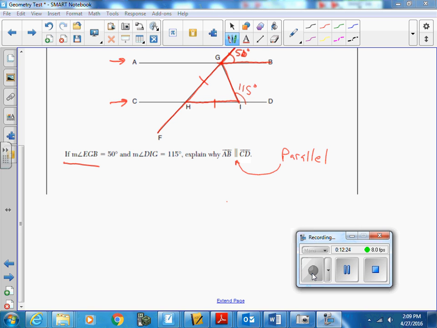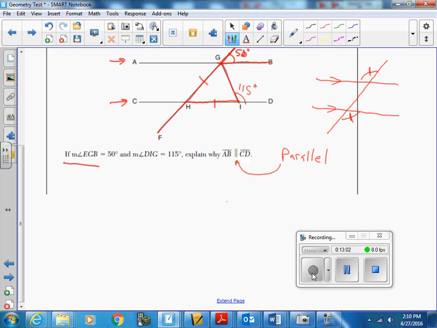All right, let's just go through and see what we can figure out based on our knowledge here. Maybe we can find some missing angles. If we can show that the alternate exterior angles are congruent, or the alternate interior angles are congruent, or the corresponding angles, if you have two lines and a line going through called a transversal, if you can show that these are congruent, you know that these have to be parallel lines.